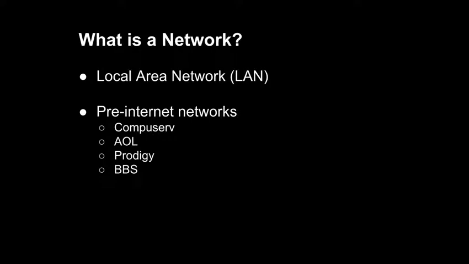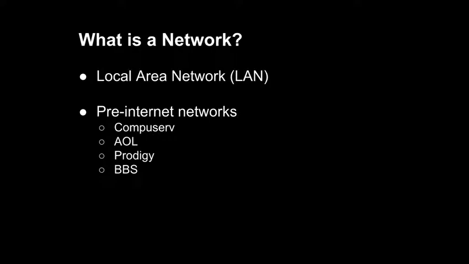So what's a network? Well, we start with a local network, a local area network. Now, this is a network that would be within your house or within a company or something like that. It's the computers all within one relatively small physical space that are connected together. And before the internet, we had networks that you could connect to that were larger area networks, things like CompuServe and AOL, Prodigy, and bulletin board systems and so forth.